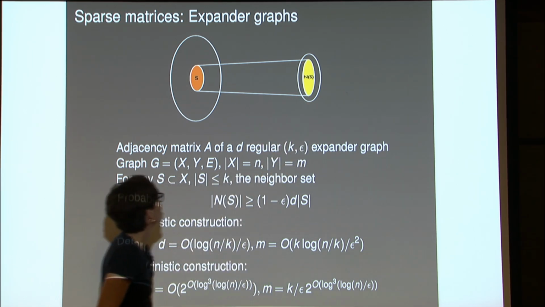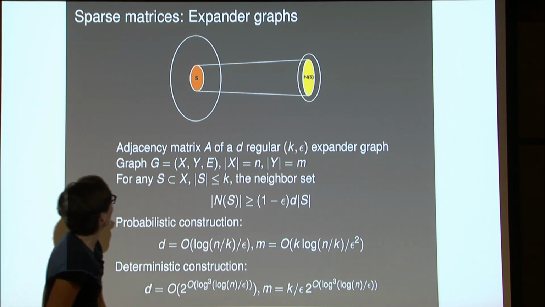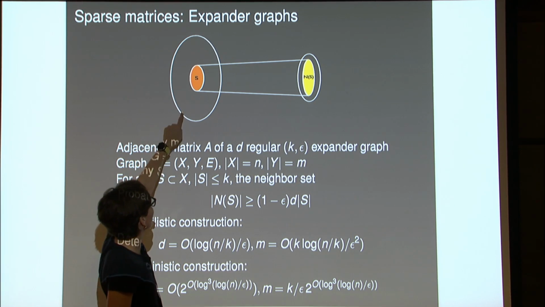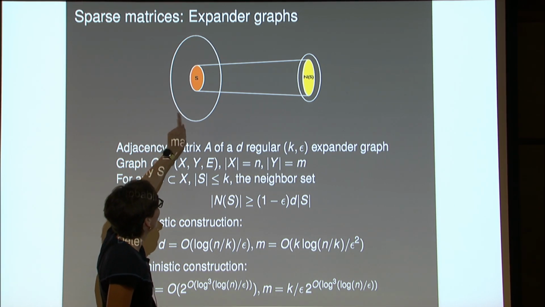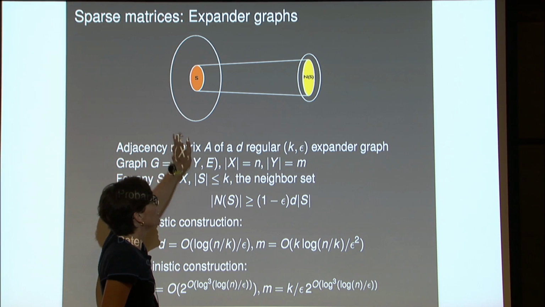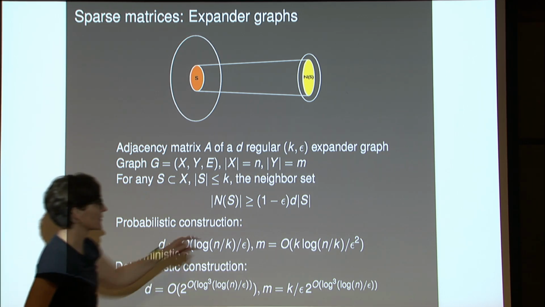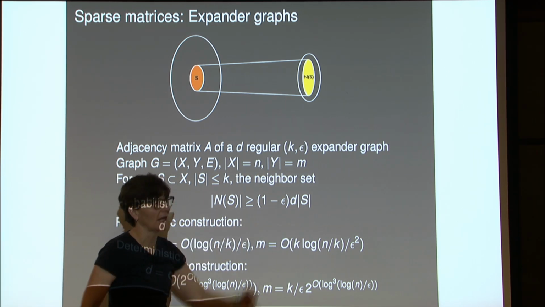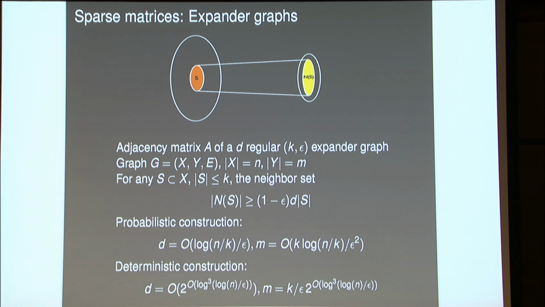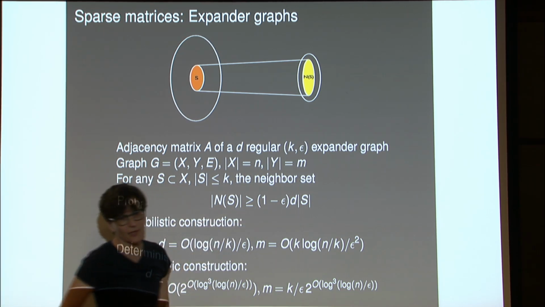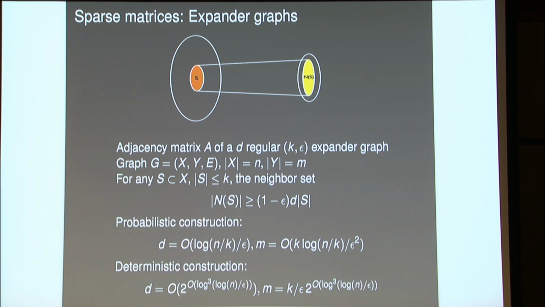I forget which. And for any subset S of size at most k on the left, the neighbor set of vertices on the right is almost d times the size of S, and you fail to have perfect expansion by this parameter epsilon.